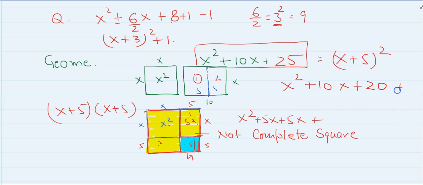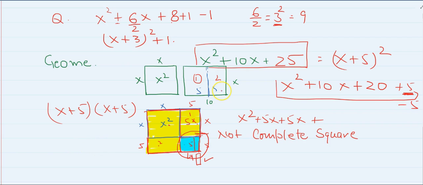So you needed 5 more. This one was needed to make it a complete square. So you have to add it yourself. Then you have to subtract it. So this is a complete square. This is the concept of completing the square. It's actually a square and you are completing it. Whatever is remaining, you have to add it.